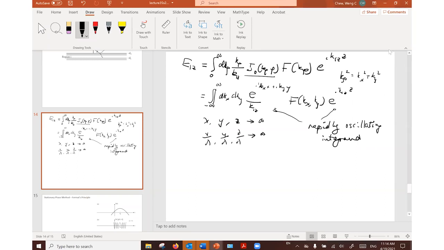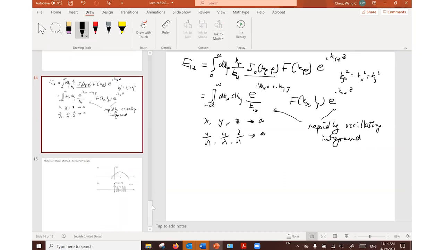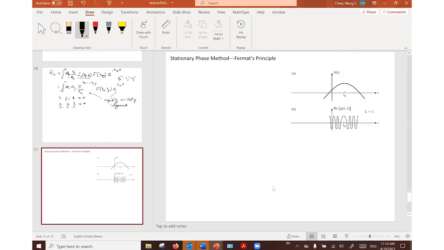Then, as I said before, the integrand is going to be rapidly varying. So if I were to look at the integrand, it will look something like this. Say I look at this function, and let me call it g of kx, ky, lambda, where lambda is a large parameter.